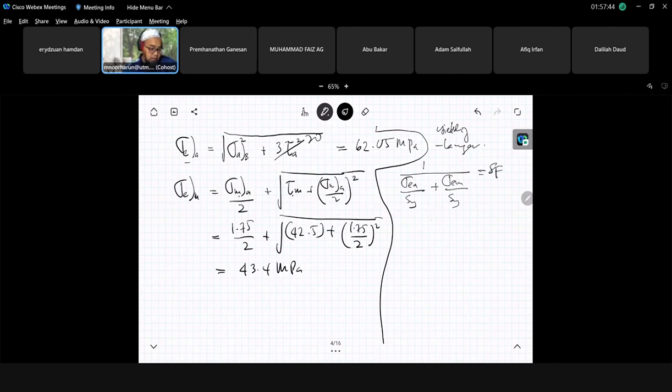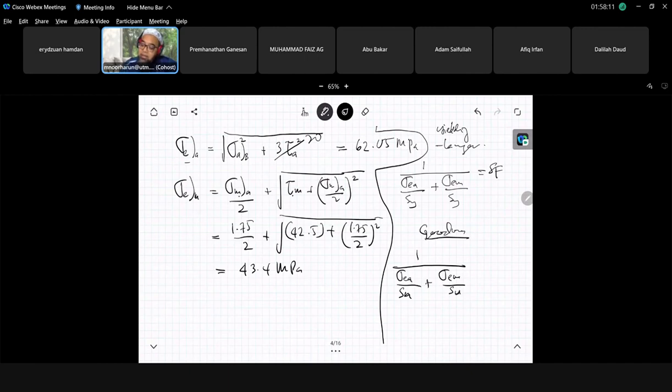For the fatigue, Goodman: 1 over n equals sigma EA over SN plus sigma EM divided by alternate strength.